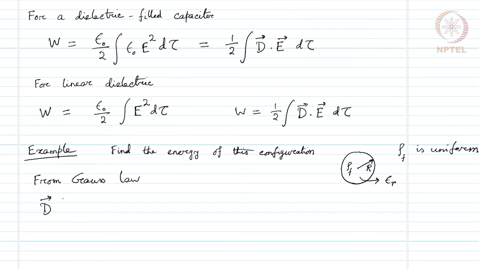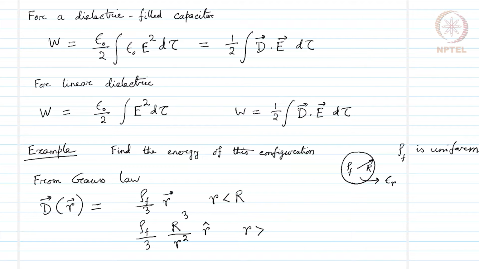The expression for displacement vector as a function of position vector would be given as rho f over 3 r vector, and this is valid for r less than capital R, that is inside the sphere, and it would be rho f over 3 times capital R cubed over small r squared r cap outside the sphere.